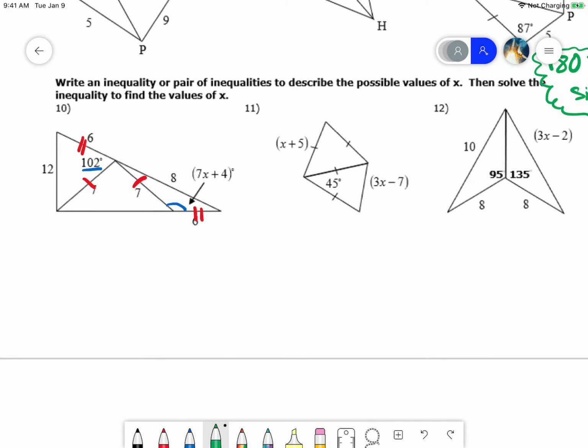Since 12 is greater than 8, my third sides tell me that 102 has got to be greater than 7x plus 4.